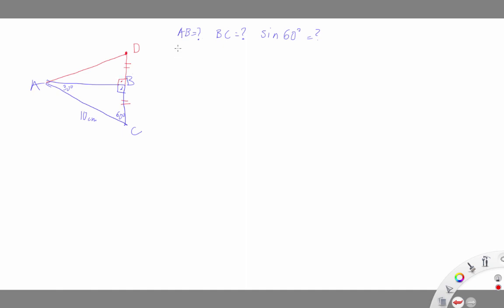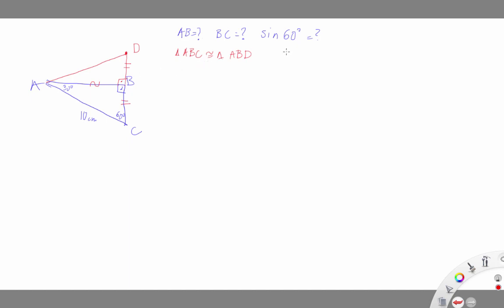So what I just did is I took triangle ABC and I created a triangle ABD which is congruent to ABC. Why are they congruent? Because two sides of one triangle are exactly equal to two sides of the other triangle, and the angle in between is also the same.